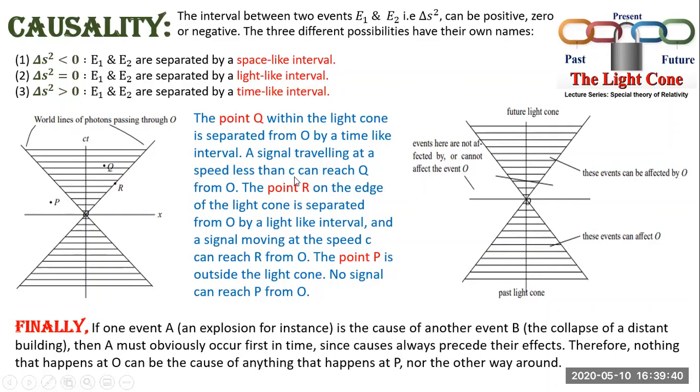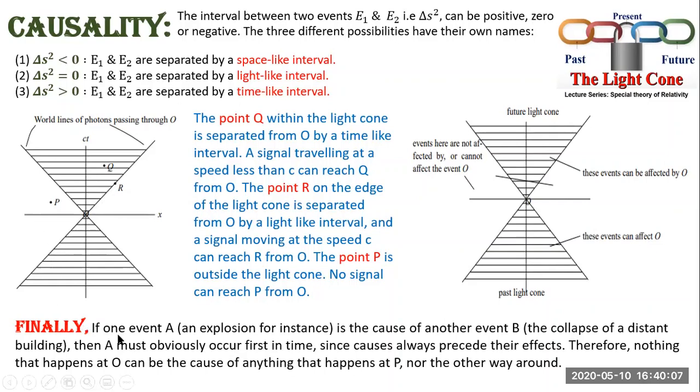C is the speed of light. So a signal traveling at a speed less than c can reach Q from O. The point R on the edge of the light cone is separated from O by a light-like interval, and a signal moving at the speed c can reach R from O. The point P is outside the light cone. No signal can reach P from O.